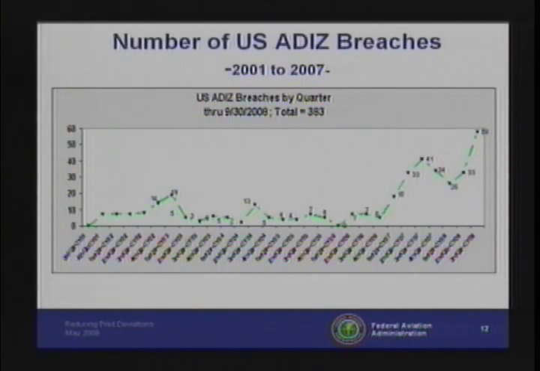This is the number of US ADIS breaches and shows an increase in the number of breaches, especially over the last year. I spoke to the issuing office for this data and asked them the question, and their response was that there was an increase in the number of surveillances offshore.